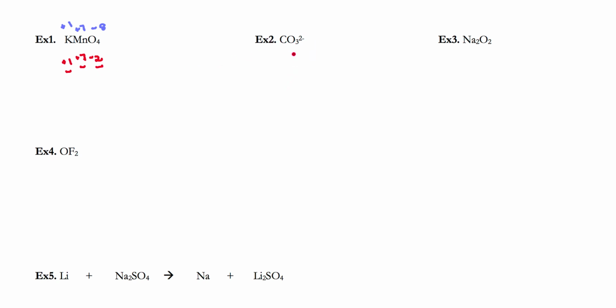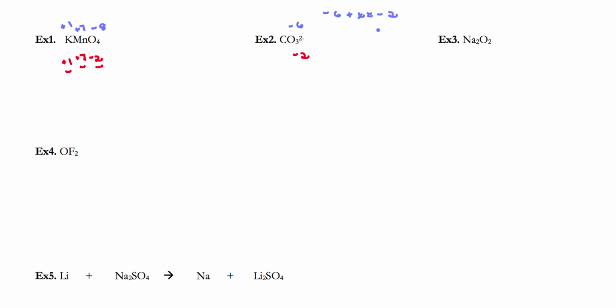Carbonate. I know oxygen is going to be -2. So I've got to figure out what carbon's oxidation number is going to be. I have 3 oxygens, so this is going to be -6. Notice my overall charge here is -2. So what would the oxidation number of carbon need to be in order to give me a -2 charge? Well, -6 plus what equals -2?